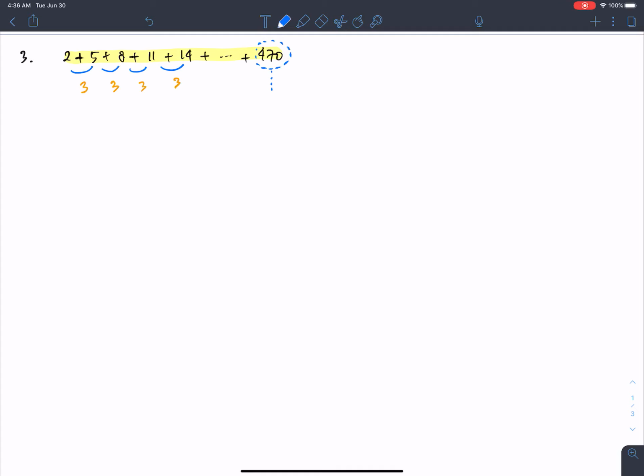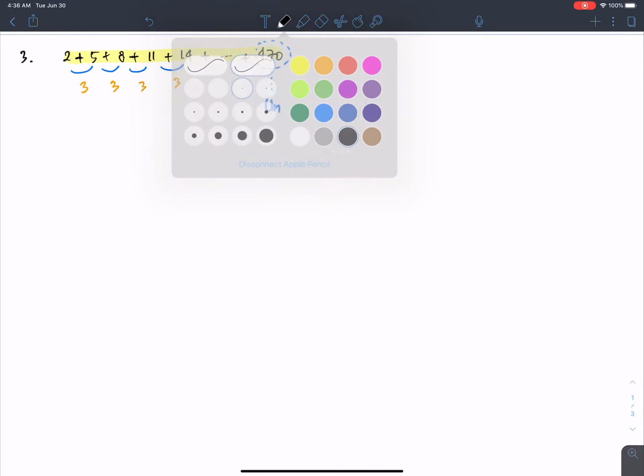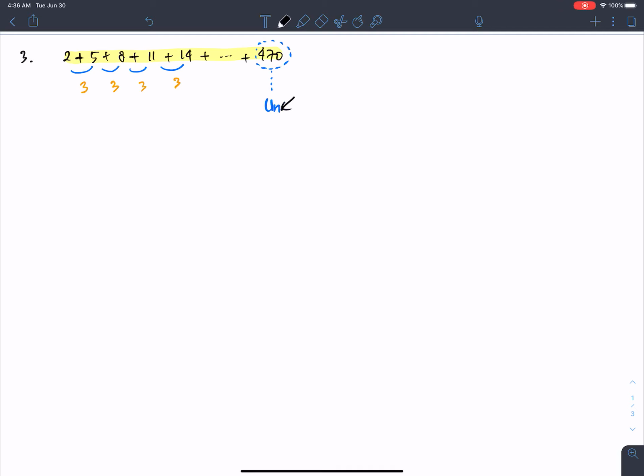This will be our un, but what is the n here? So what we need to do is substitute into the general formula of un: un equals u1 plus n minus 1 times b.